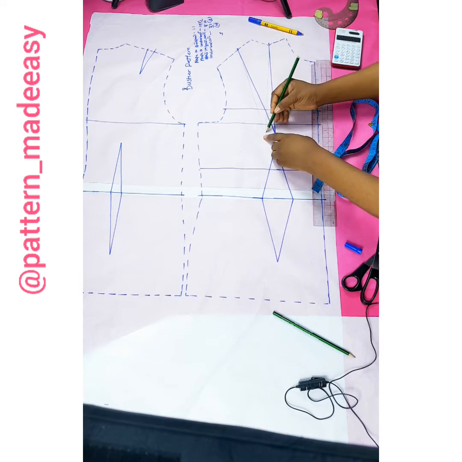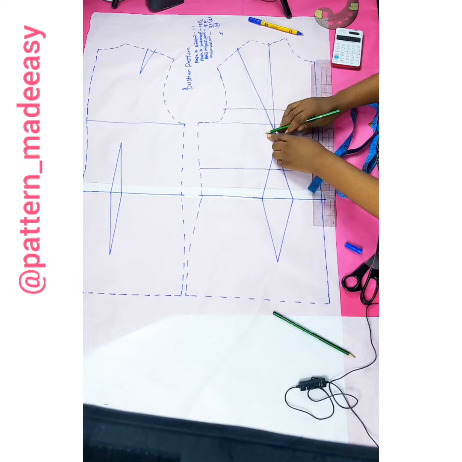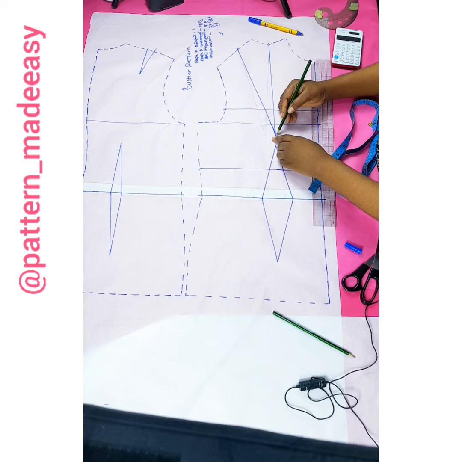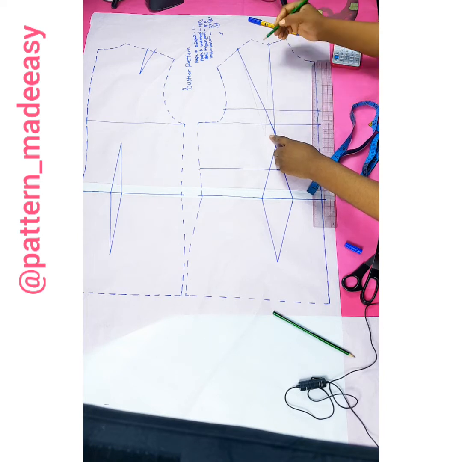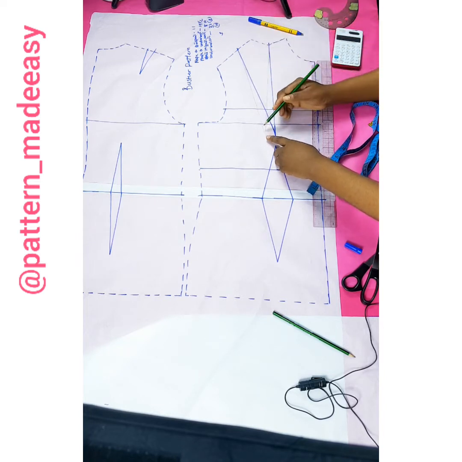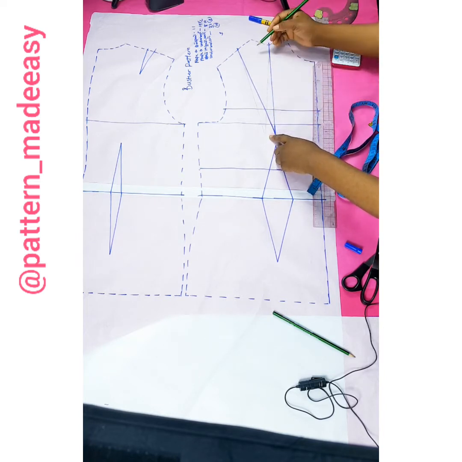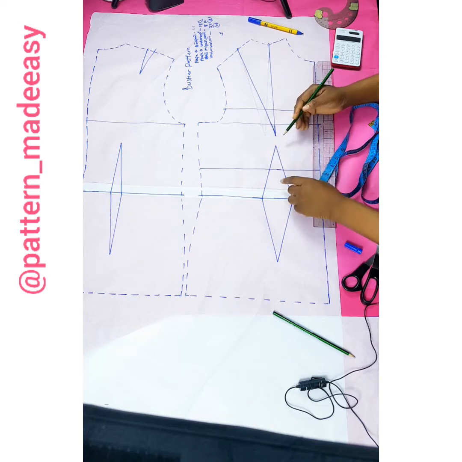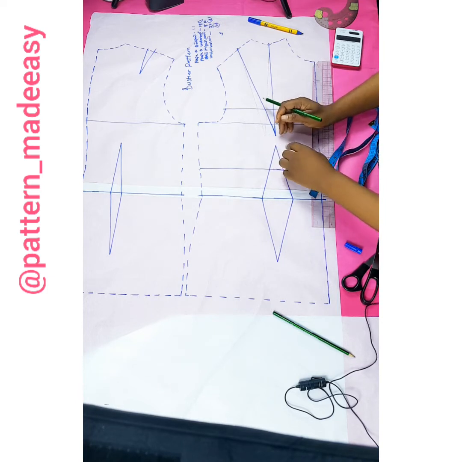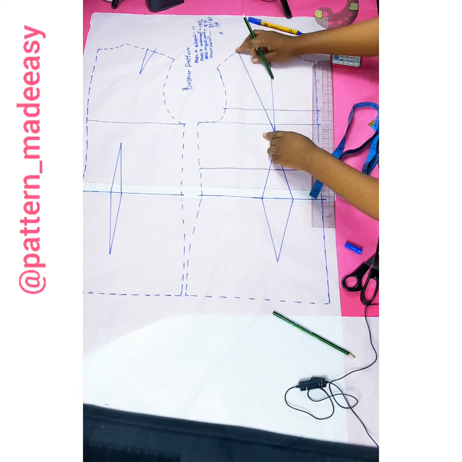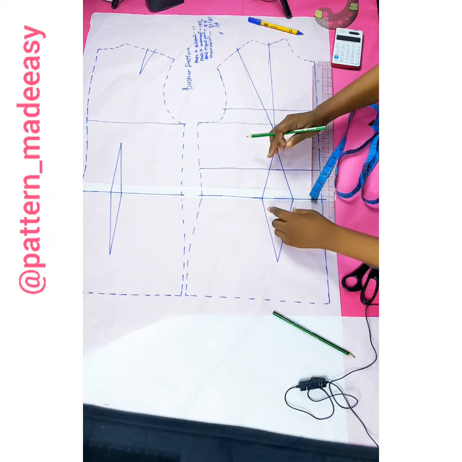If it is 4.5, you will still reconnect the dart leg. So this is how you do it. If it is 5, you reconnect the dart leg, and then you reconnect the waist dart. You reconnect the shoulder dart and the waist dart.